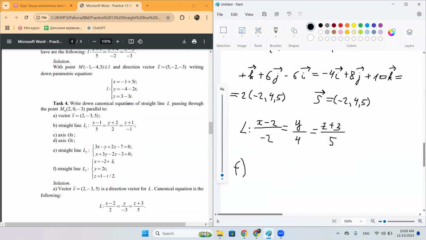So we know coordinates of a direction vector. The direction vector of this straight line are the same as for a straight line L3. So who can tell me coordinates of this direction vector? We can see it from the equation.